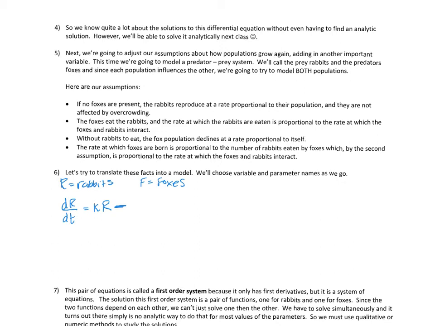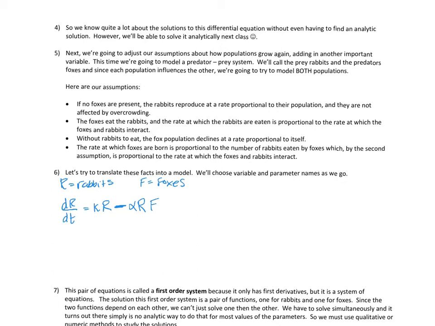It simplifies things later down the road. So I'm going to have R times F be what's called an interaction term. R times F can be used to measure how often rabbits and foxes interact. And then it needs a constant of proportionality, right? Because the rate at which rabbits are eaten is proportional to the rate at which they interact. So I need another constant of proportionality. I think I'll use an alpha.